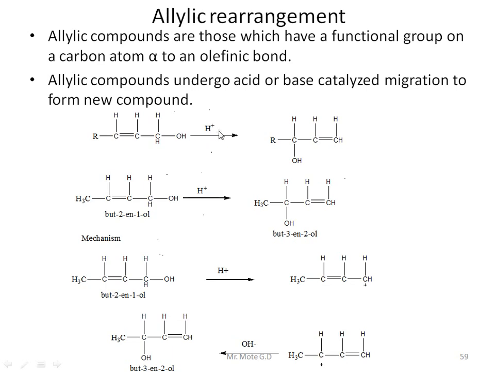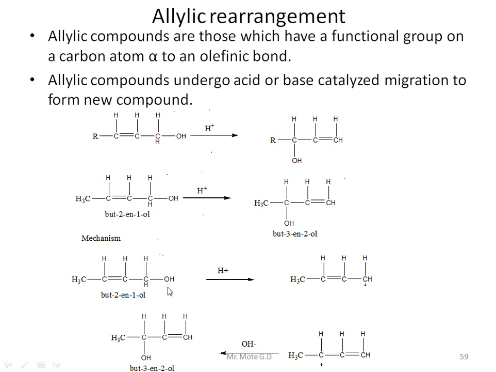OH will be liberated as a water molecule, and OH again migrates towards this, and the carbon double bond shifts to form this compound. So but-2-en-1-ol treated with the acid forms but-3-en-2-ol. We'll have the mechanism also.